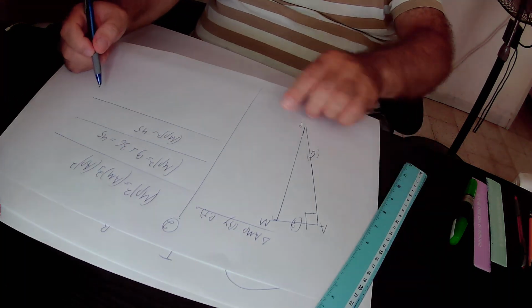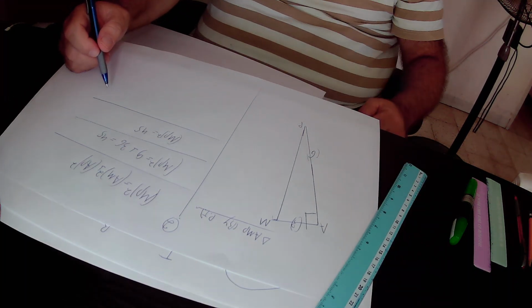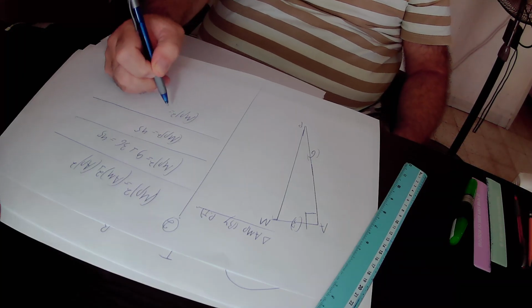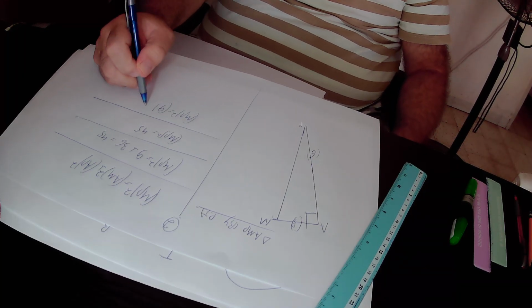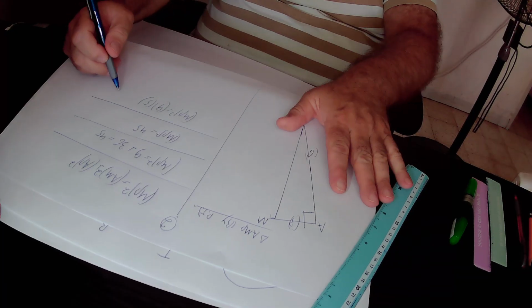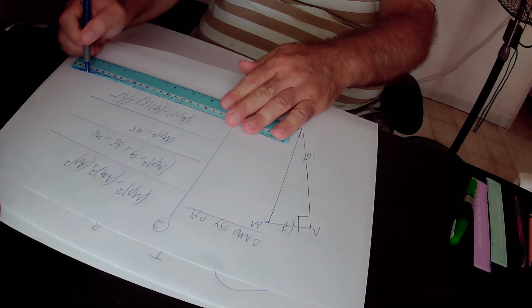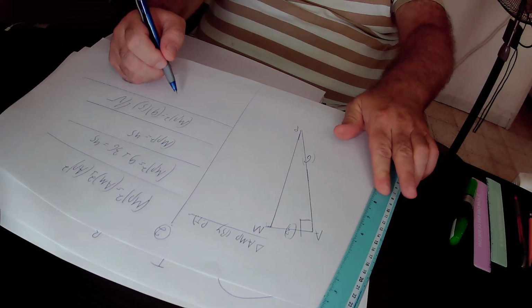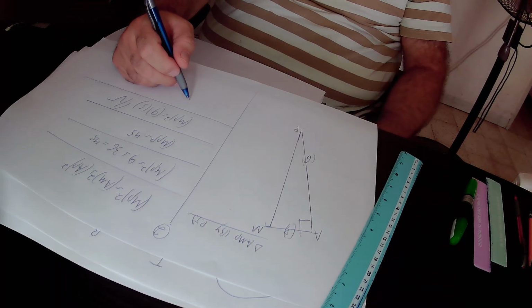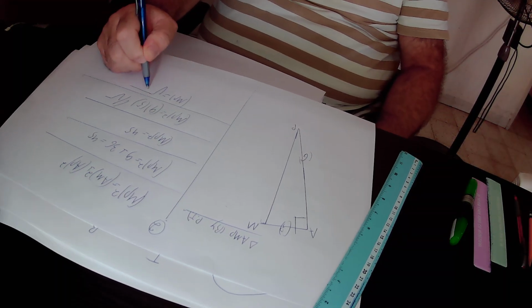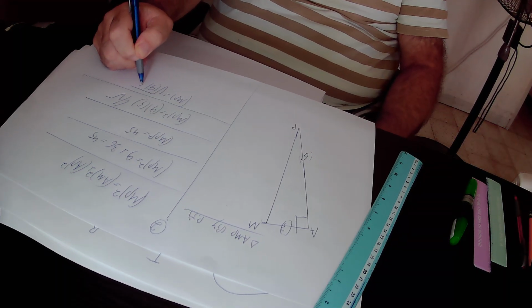Here we substitute 45 by 9 times 5 and get that MP square equals 9 times 5. Here we'll take a root out of this equation. And finally we get that the missing hypotenuse MP is equal to the square root of 9 times 5.